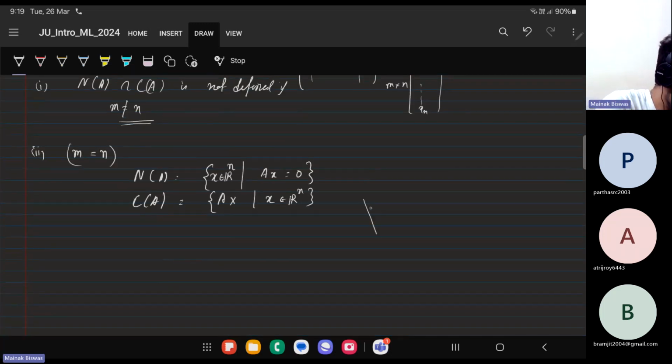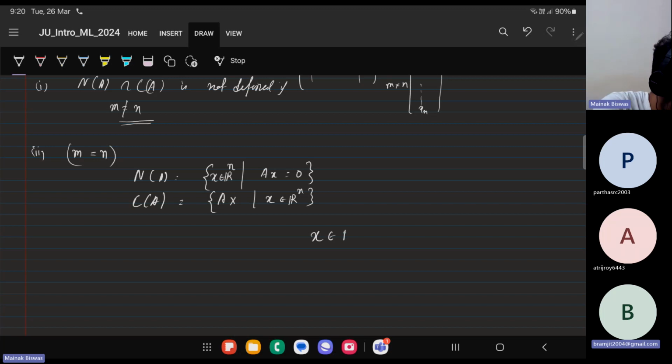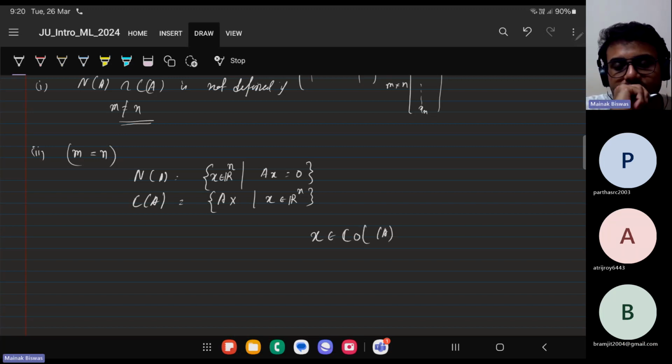So let me just multiply. So say Ax. Say A belongs to the column space of A. The thing is, what are we doing by the column space here?